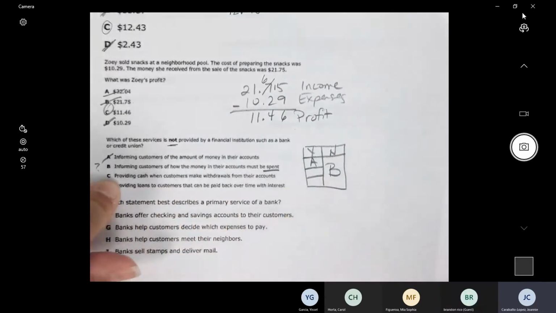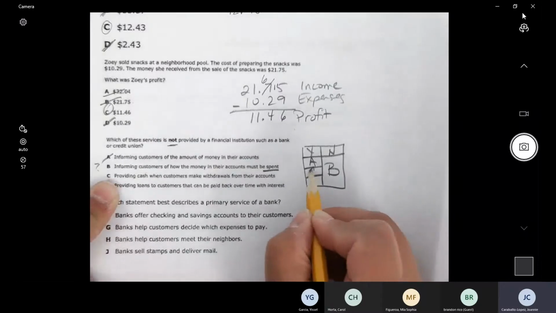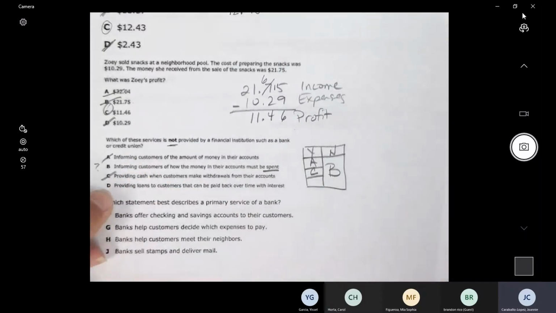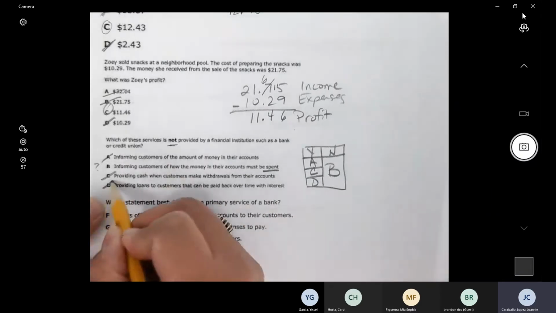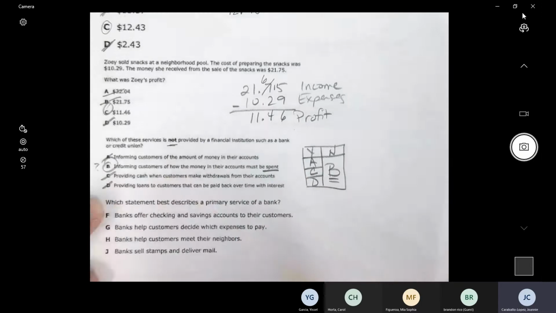Yes, when you've seen your parents go to the ATM machine, right? They put in their ATM card and guess what? It's working, right? And then D, providing loans that can be paid back over time with interest. Is that true? Do banks give out loans? Yes, so that is a yes answer. And my answer is B.